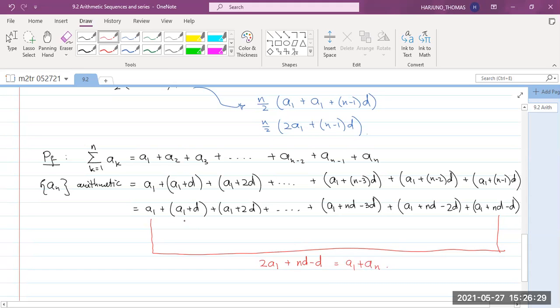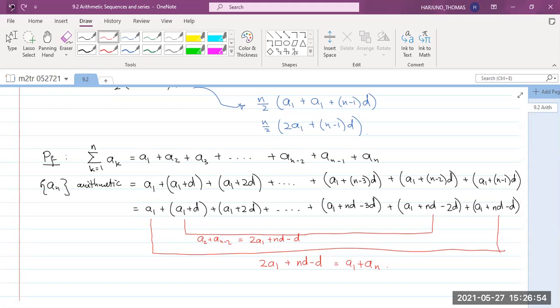It happens to be the same as the sum of the second term and the second from the last term. So the sum of the second term plus the second from the last, which should be a sub n minus 1, is equal to the first term plus the last term.